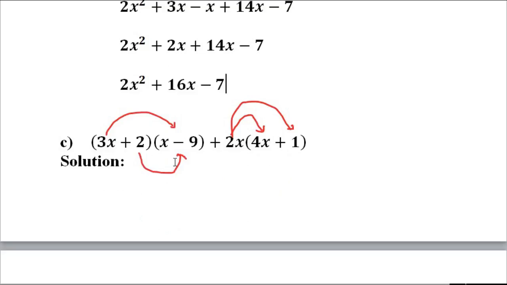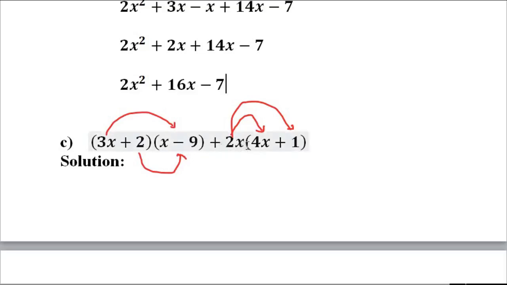Moving on to number 3, we have 3x plus 2 times (x minus 9) plus 2x times (4x plus 1). To simplify the first two expressions in parentheses, I'll multiply the 3x by the expression x minus 9 and the 2 by the expression x minus 9.